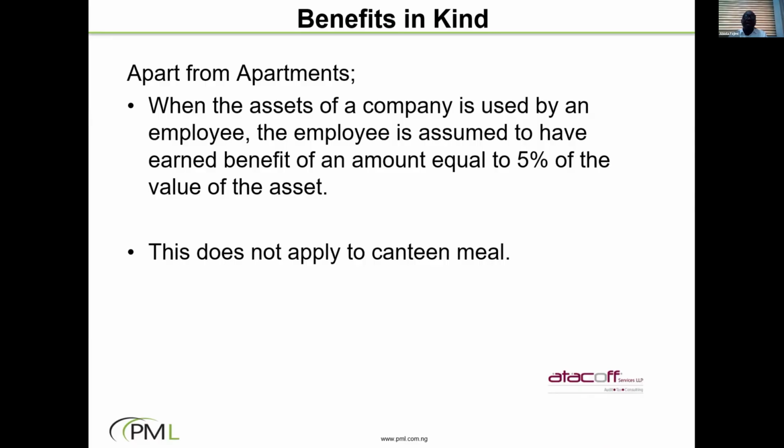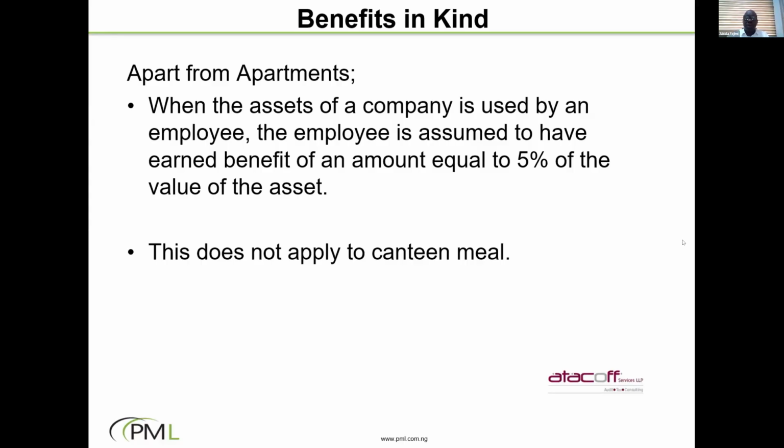If you are using the car of the company, it is assumed that you've earned benefit equivalent to 5% of the value of that asset, and that 5% will be added to your taxable income, except for canteen meal, that is specifically excluded if the company is providing you lunch or meal at work. But if you have an official car that you're using, 5% of the value of that asset is expected to be added to your compensation, your taxable income, and appropriate tax will be paid on this.